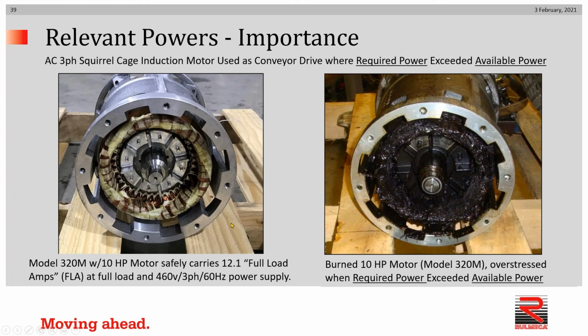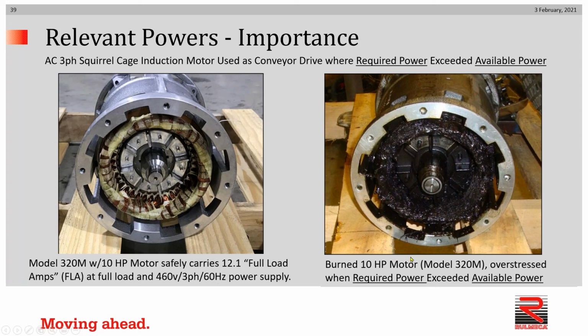So the full load amp number that applies to this particular 10 horsepower design is 12.1 when the motor is operating at full load, providing 10 horsepower of power on a 460 volt, three-phase, 60 hertz power supply.